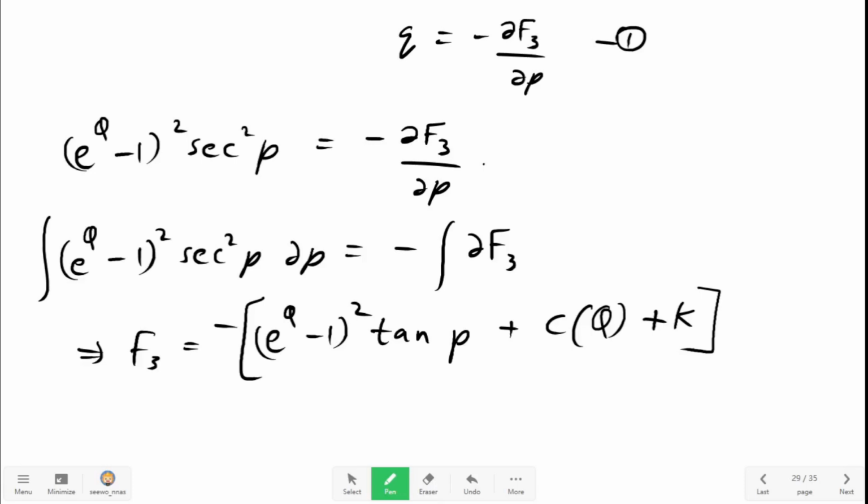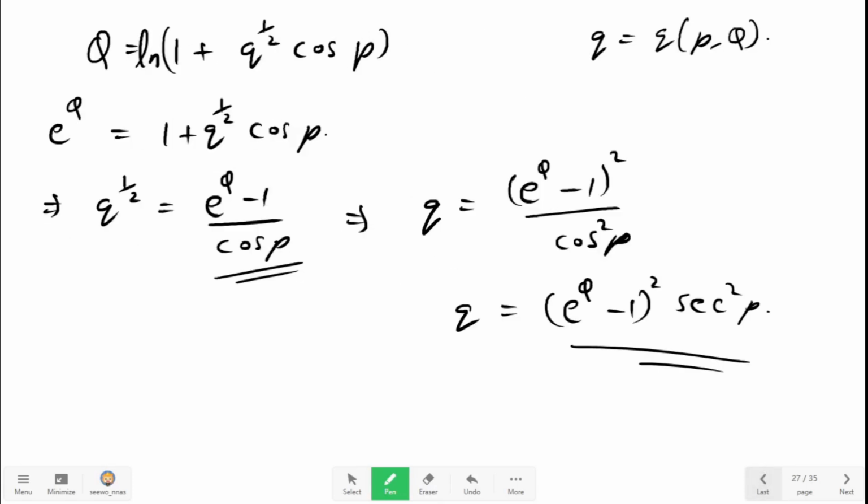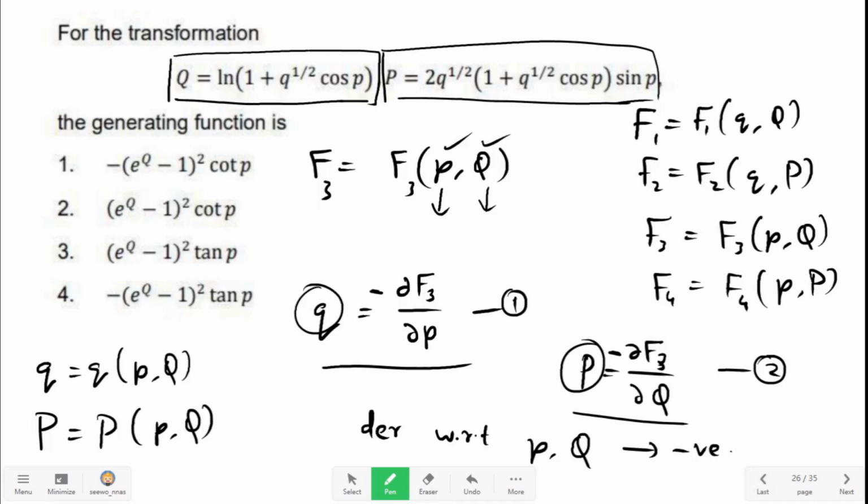At this point itself you can reach the correct answer. The correct answer will be option 4, because only option 4 contains minus of e raised to Q minus 1 the whole square tan p.